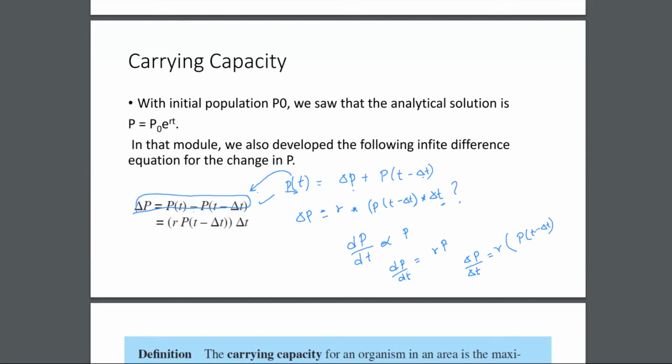This is the previous time, so that means the previous population. We know this, and so the delta P change is equal to, you multiply both sides by delta t. This cancels out. This is nothing but r P(t minus delta t) multiplied by delta t.